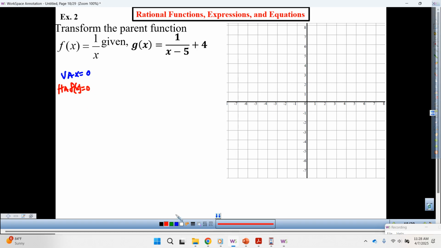All right, so let's graph those. We got 0, and 0. All right, so now I just need to graph the actual function. Where do I place the points, Dana? From the center, where do I go?